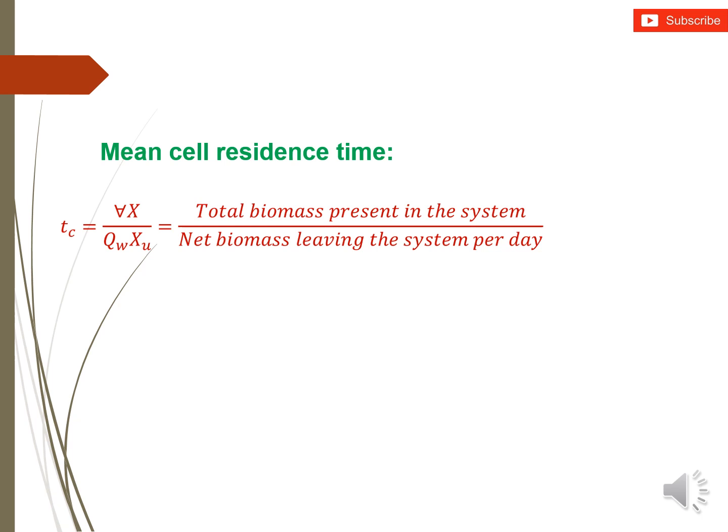Now, because this is an SBR and all the flow in is converted to flow out, there is no such waste, there is no such effluent and underflow waste like the conventional one.